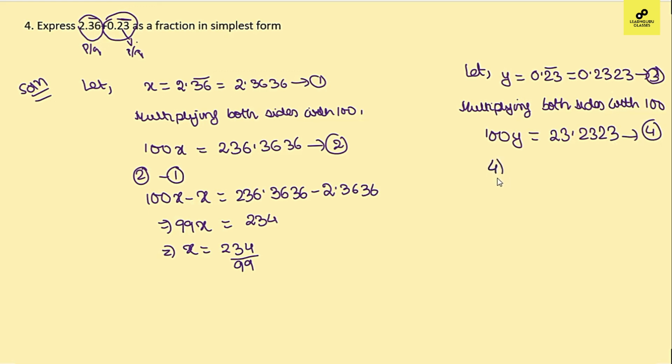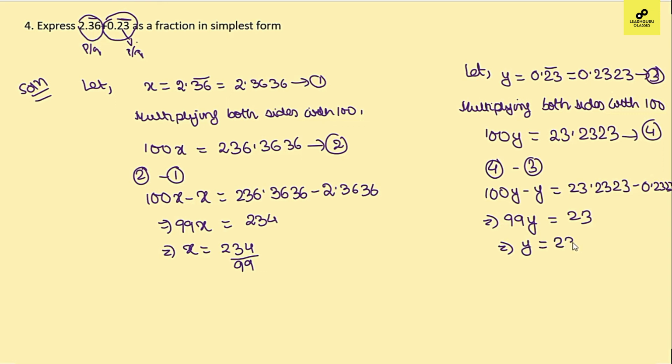So equation 4 minus 3, that is 100y minus y, 23.2323 minus 0.2323. So that comes as 99y equals 23. So y equals 23 by 99. Now we write the entire expression, 2.36 bar plus 0.23 bar.